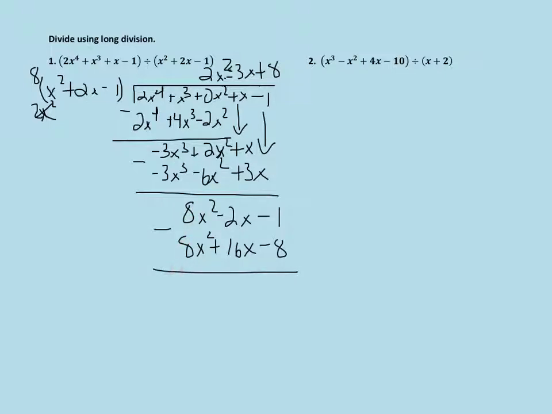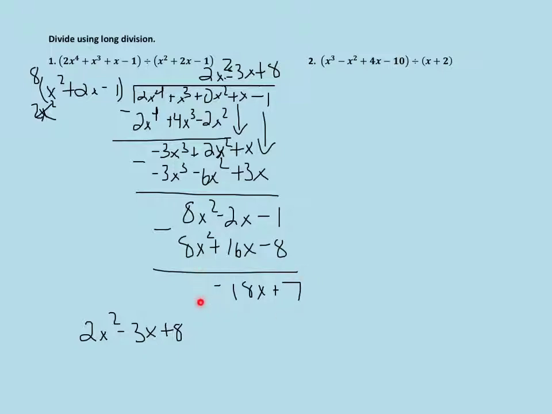8 minus 8 is 0. Negative 2 minus 16 is negative 18x. Negative 1 minus negative 8 is 7. So how do we write this final answer? Well, when you divide it, you got 2x squared minus 3x plus 8. This is your remainder right here.